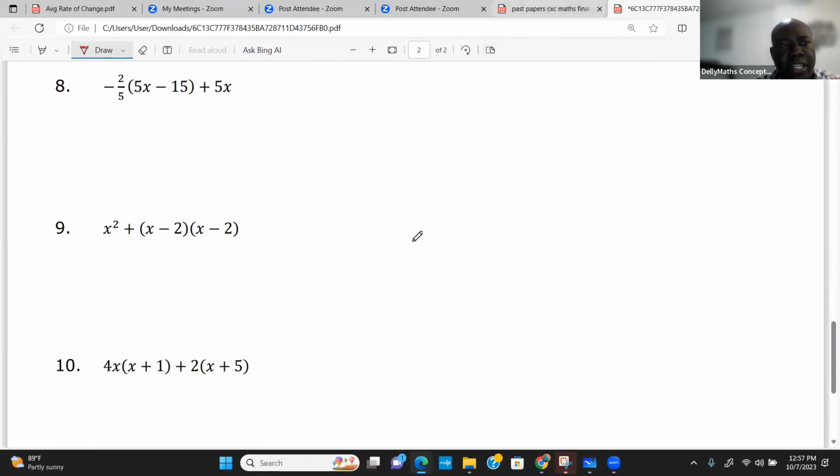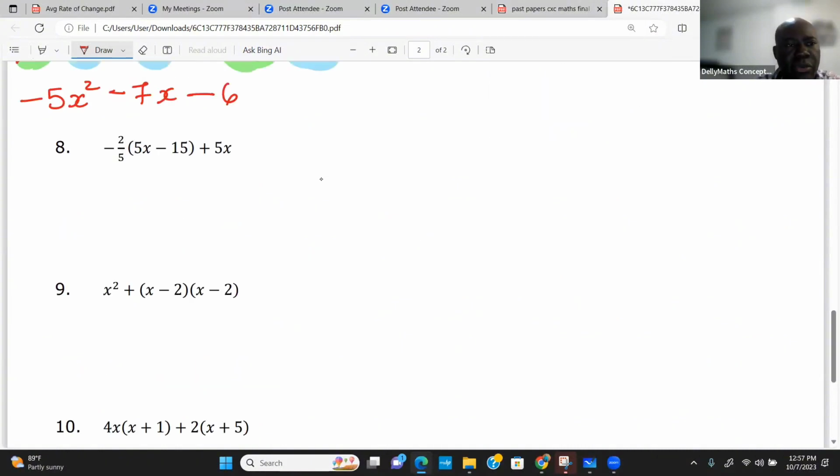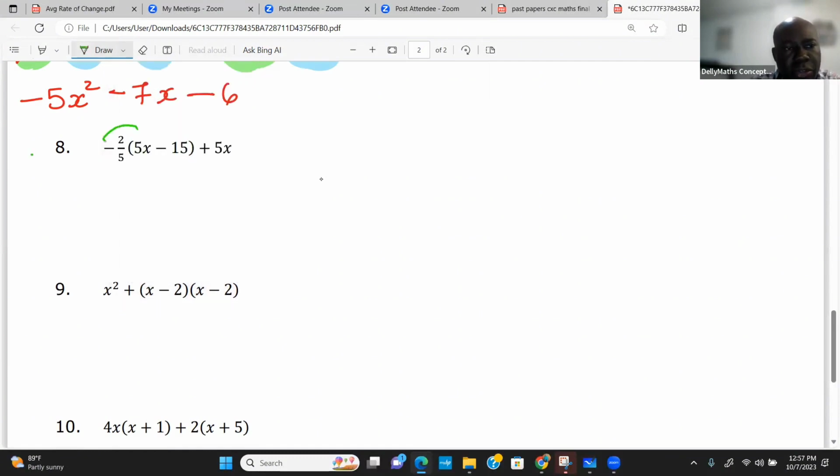All right, so for this question here at number 8, what we want to do is distribute this -2/5. -2/5 will be distributed to the 5x, then it's going to distribute to the -15.